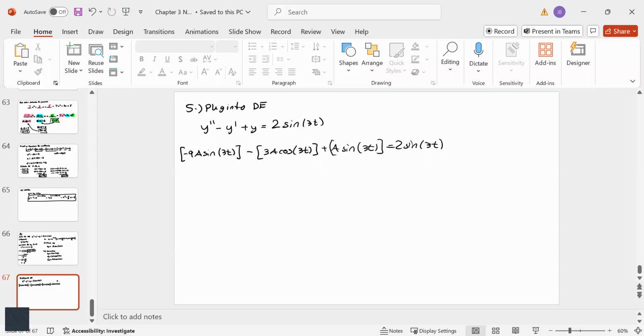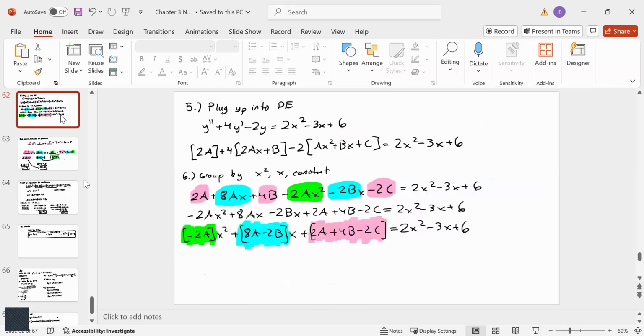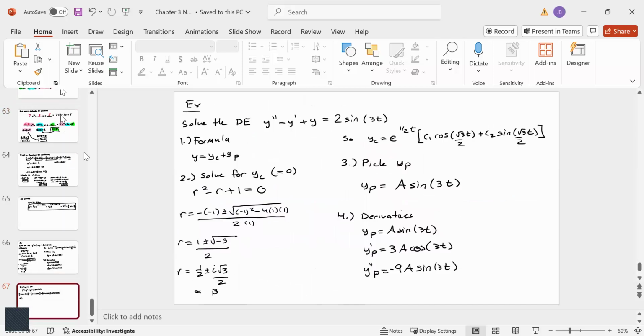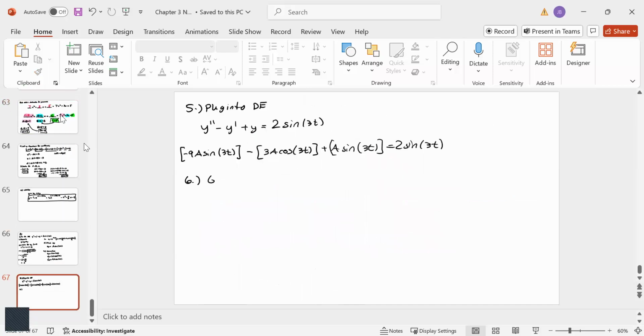Then we combine like terms, so we're going to simplify, group by terms, so group by sine and cosine.